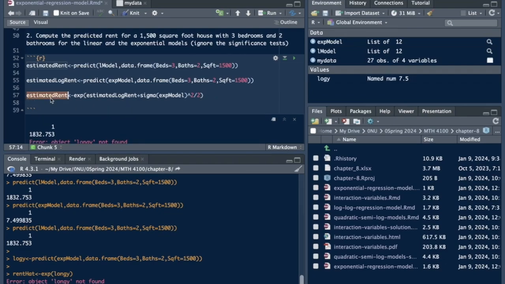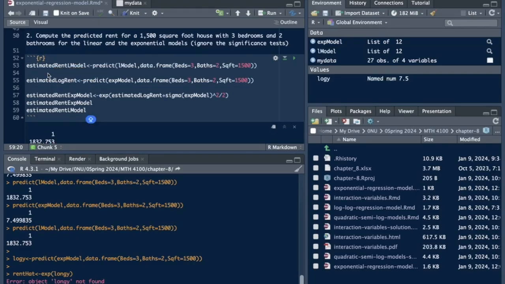So this is the estimated rent. So let me copy estimated rent. So the estimated rent for the linear model, sorry for this. And this is the estimated rent for the exponential model. And let's see both. So let me recap. Estimated rent for the linear model for these values, 3 beds, 2 baths, etc. We got this value.